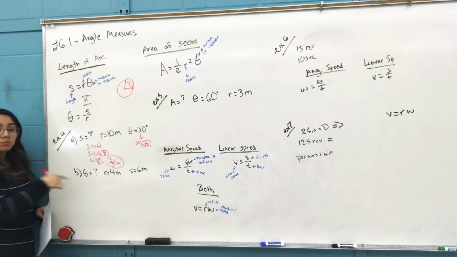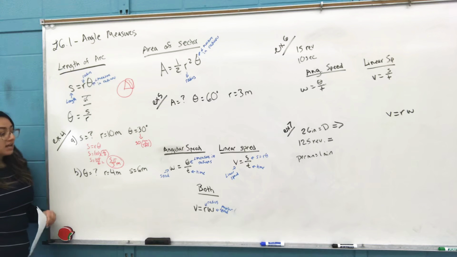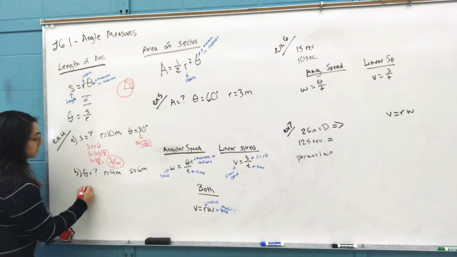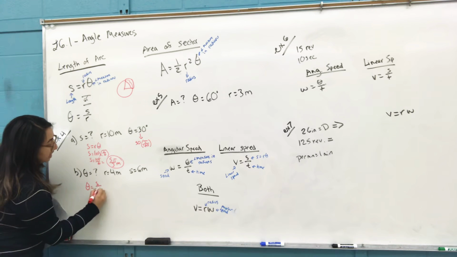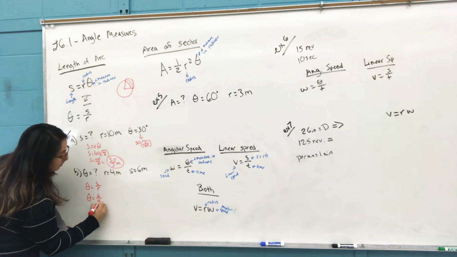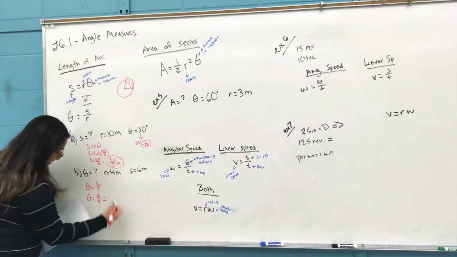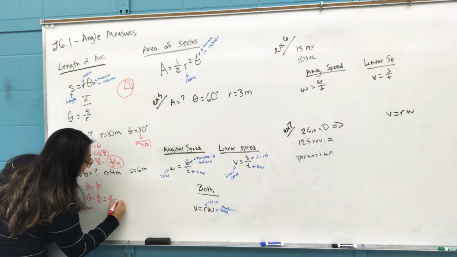Now, the next one is, what is theta if the radius is 4 and the length is 6 meters? So that means we have to find theta. So it's S, the length, divided by the radius. We have both, so it's 6 divided by 4. This can be simplified to 3 over 2. The measurement is 3 over 2 radians.